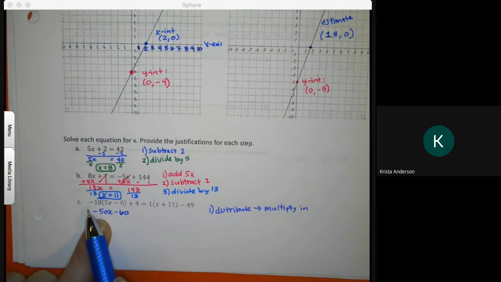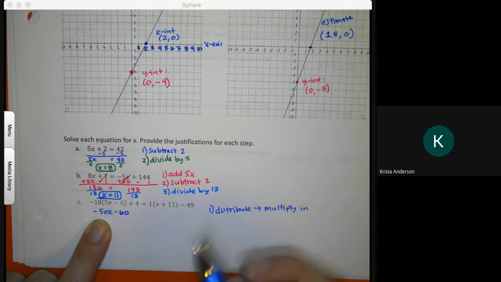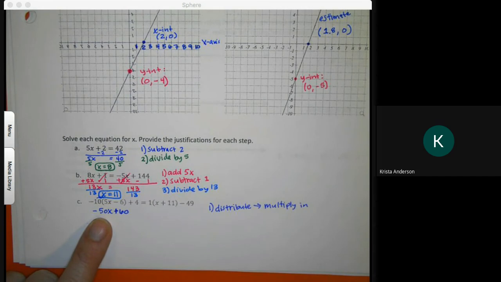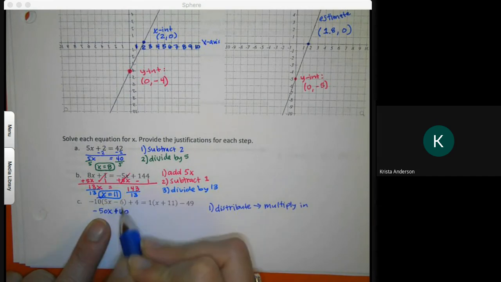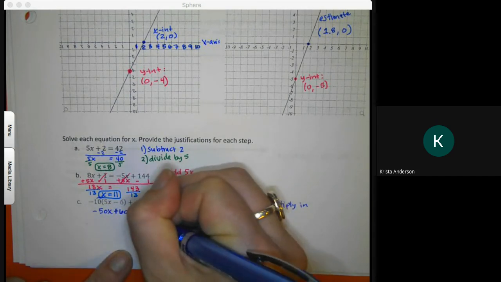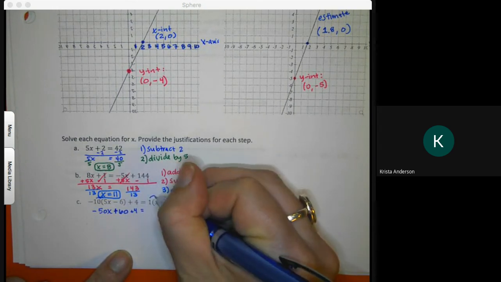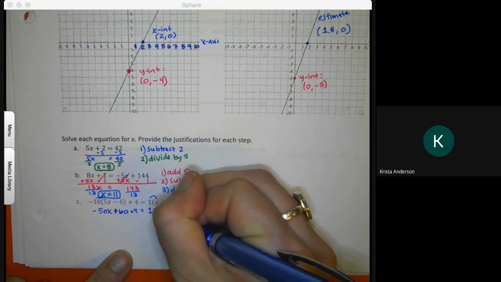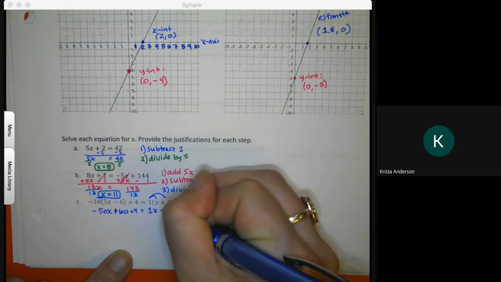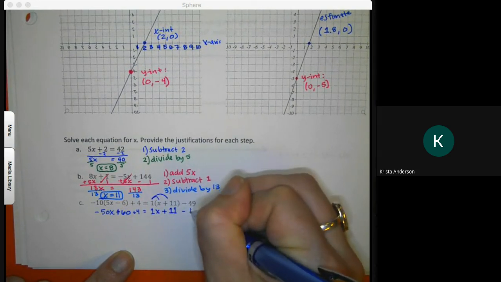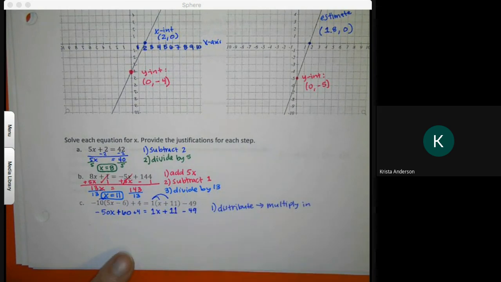Negative 10 times 5 is negative 50, but negative 10 times a negative 6 would make it a positive. 2 negatives multiplied together make a positive. I have a plus 4 hanging out. 1 times x is 1x. 1 times 11 is 11 with a minus 49 hanging out at the end.